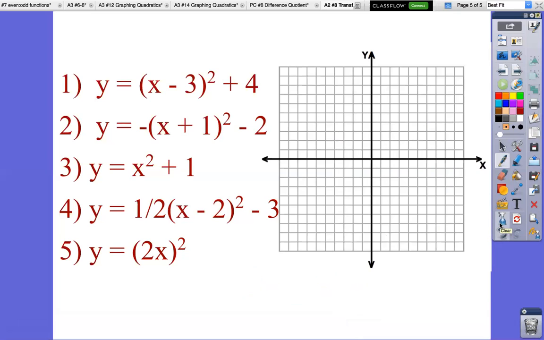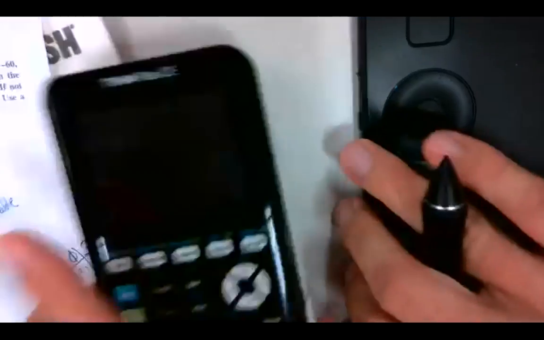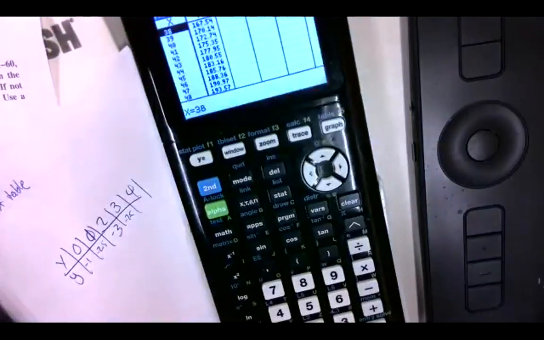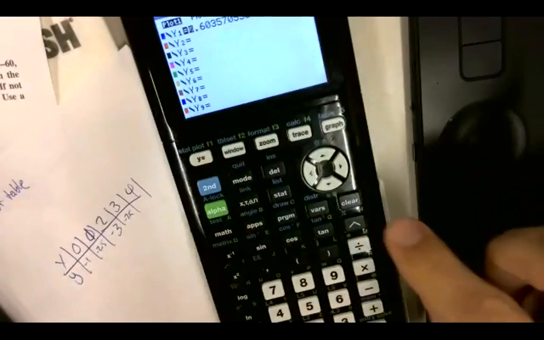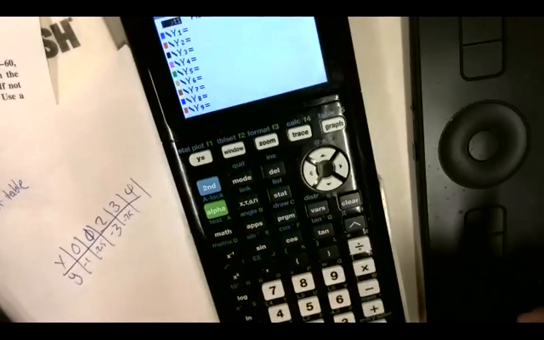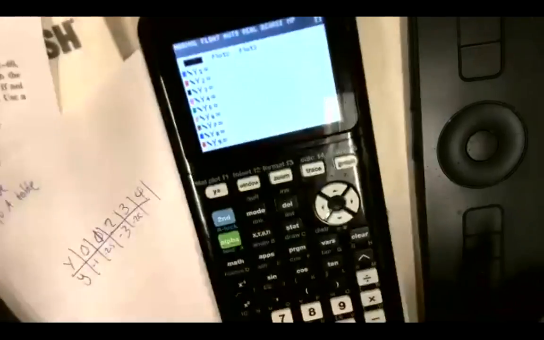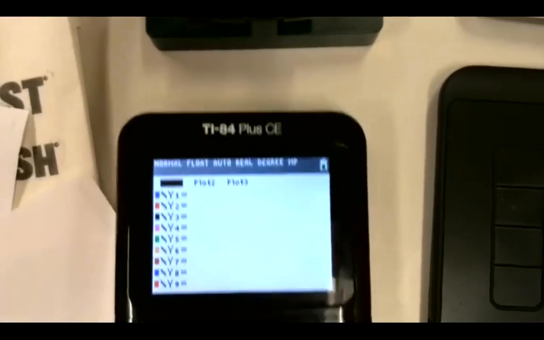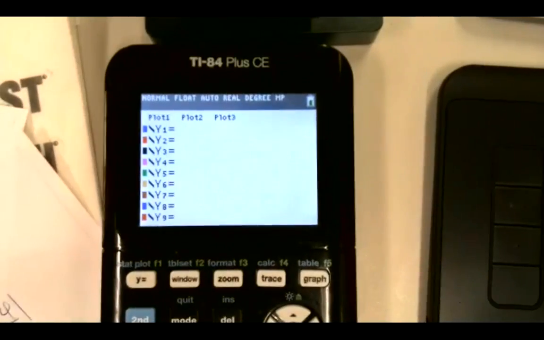Are we learning how to graph it on a graphing calculator tomorrow? It's actually real simple, and I'll show you right now. Now, you have to know this both ways. All you have to do is hit y equals. You can turn your plot 1 off. And why can you turn your plot 1 off? Because we're not dealing with those points in statistics, right?